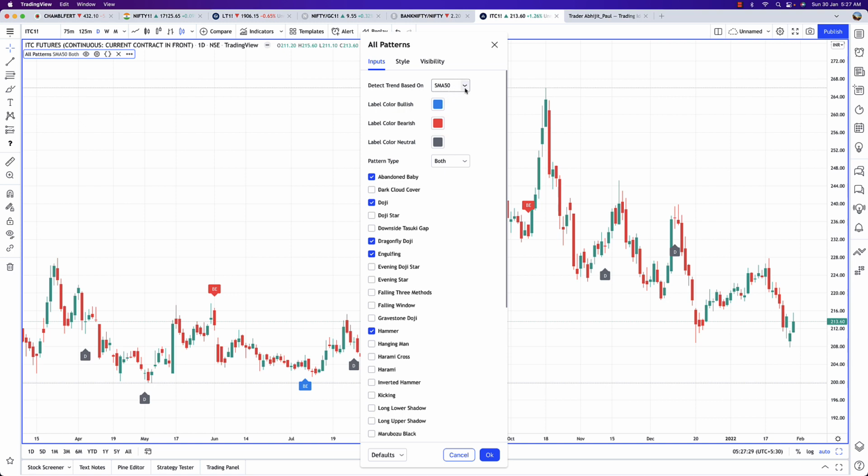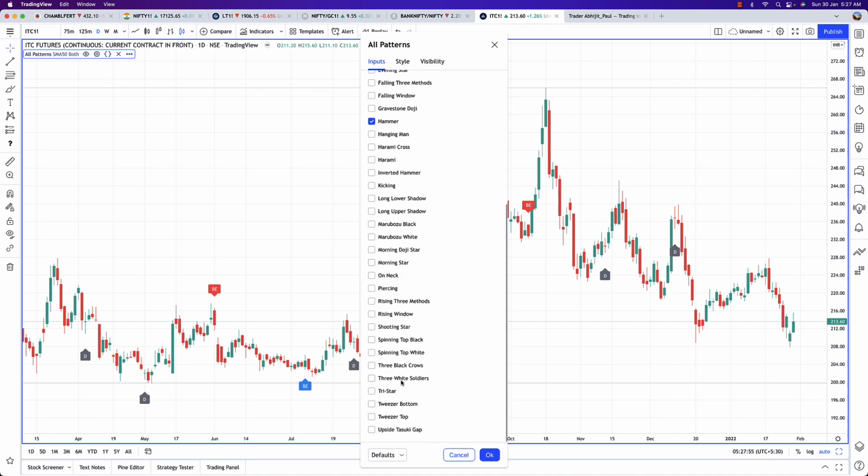It will find those patterns based on the moving averages, or we can select no trend. So it will find much more. That's not a bad thing. It will consider price above the 50 SMA to be an uptrend, and when prices are below the 50 SMA, it will consider it a downtrend.